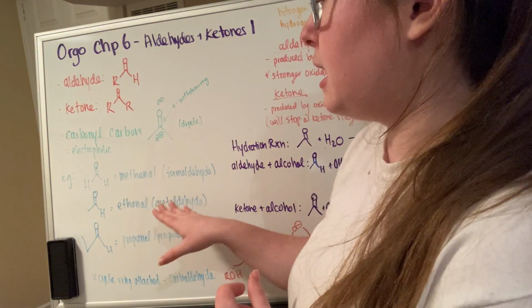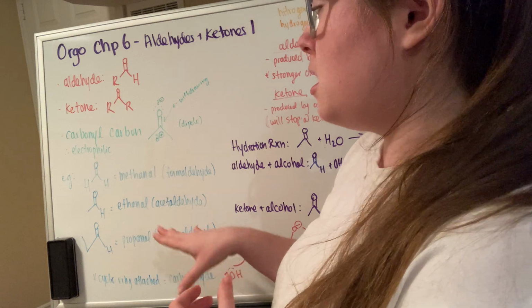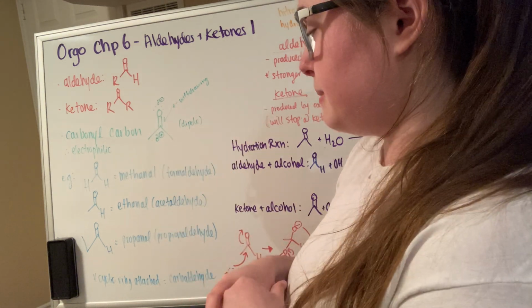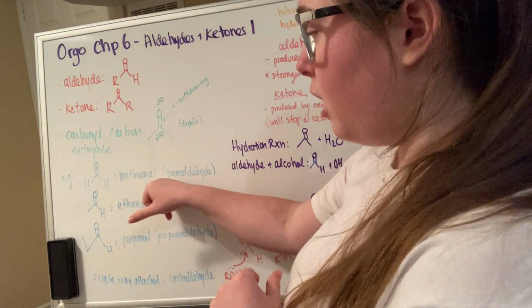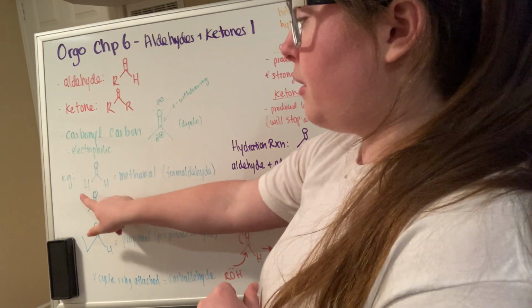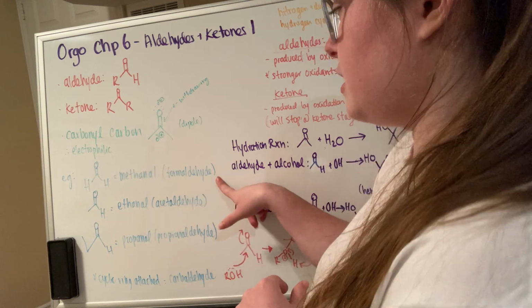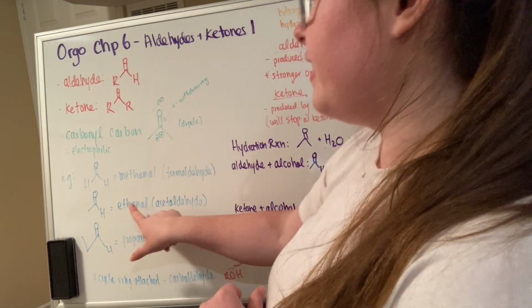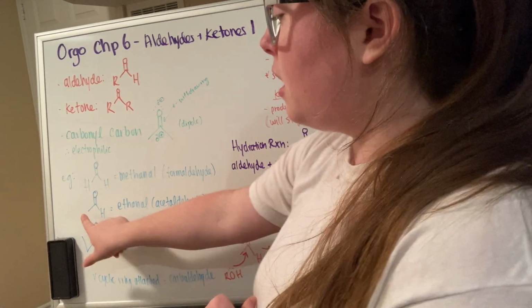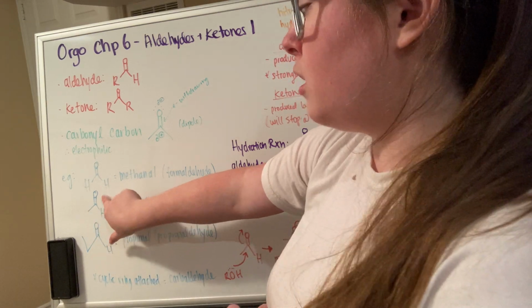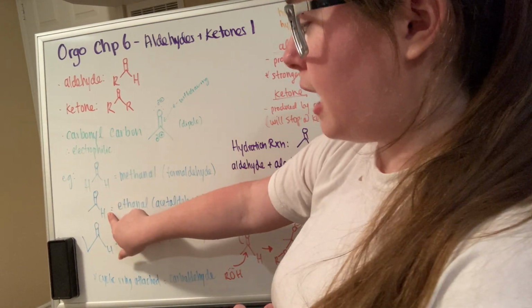So first, let's get a couple of examples for nomenclature. We have methanal, with an "al" at the end, right? It's just hydrogen, carbonyl carbon, hydrogen, methanal, which is also known as formaldehyde. Then we have ethanal as well: carbon, carbonyl carbon, and hydrogen.